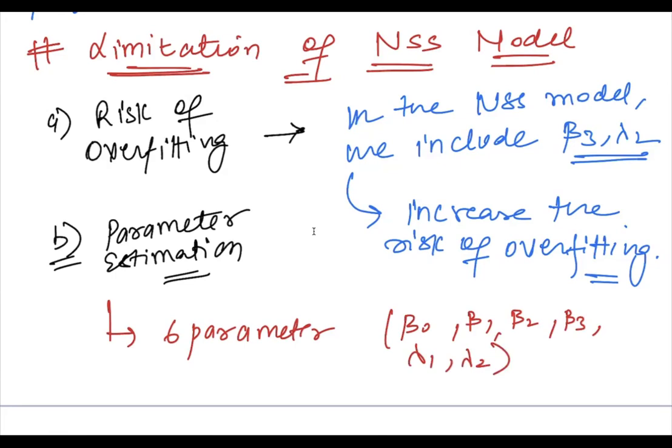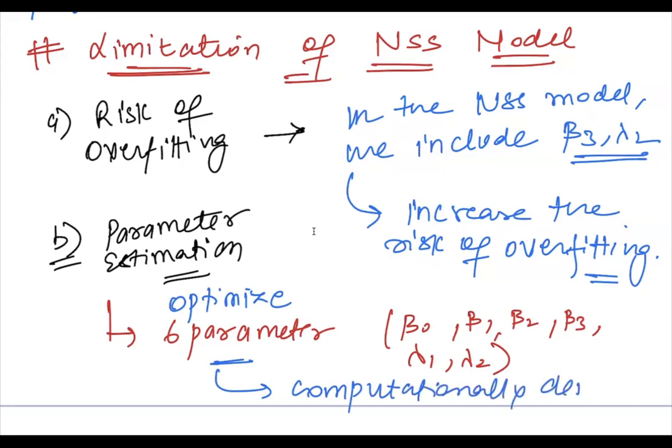Whenever we use this model, every time we have to optimize these six parameters, and this makes our work computationally demanding. Every time we need to find these values, beta naught, beta 1, beta 2, beta 3, lambda 1, lambda 2. So sometimes it becomes a computationally intensive job.